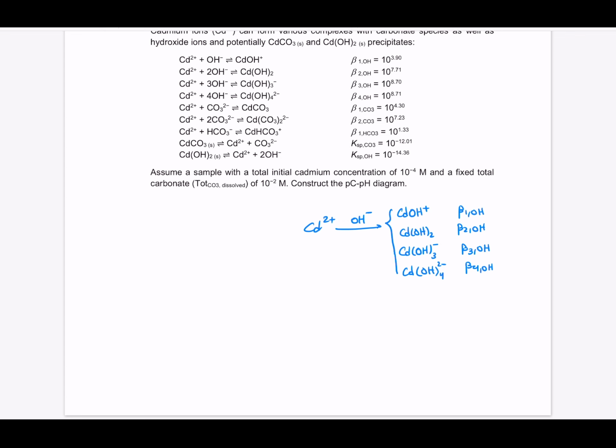What else? How many? Exactly. So cadmium with 1 carbonate, beta 1 of CO3, and cadmium with 2 carbonate, beta 2.